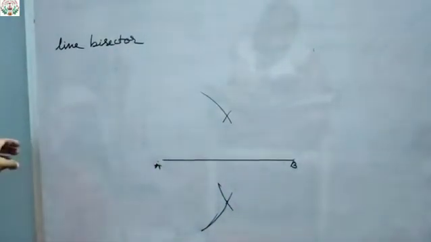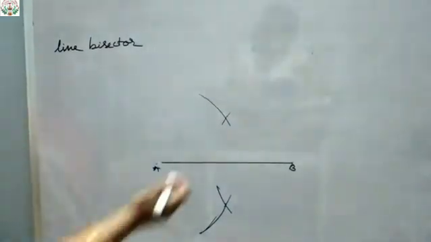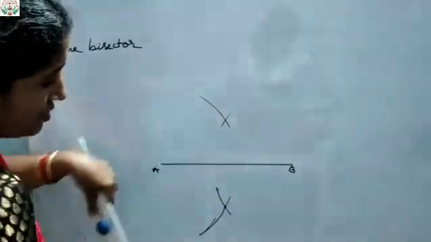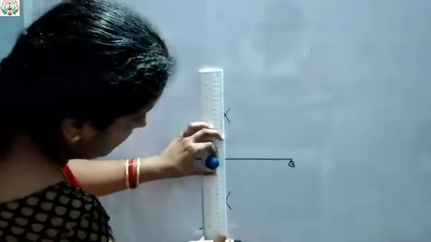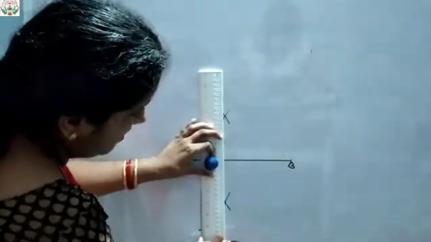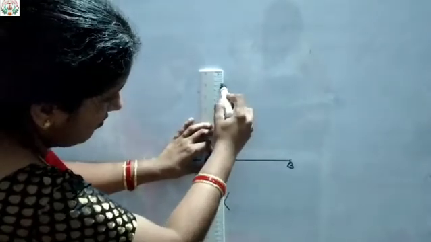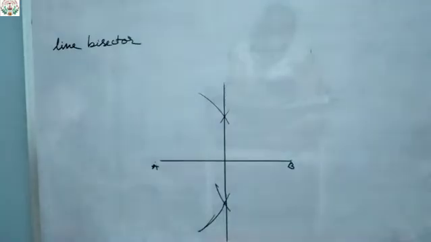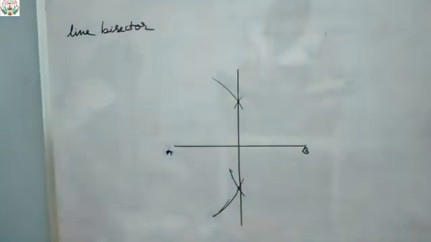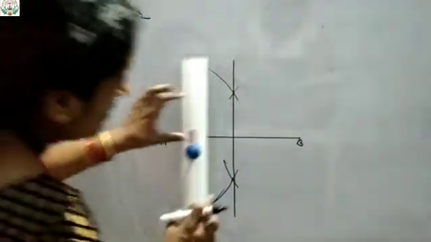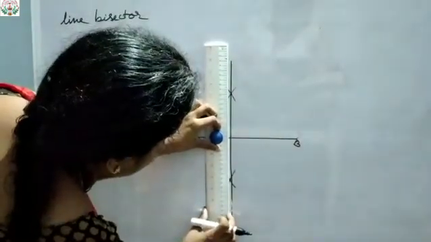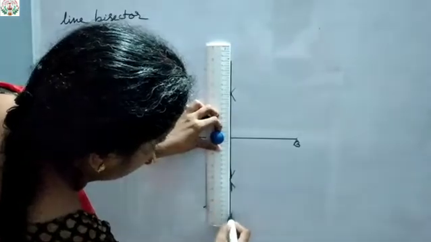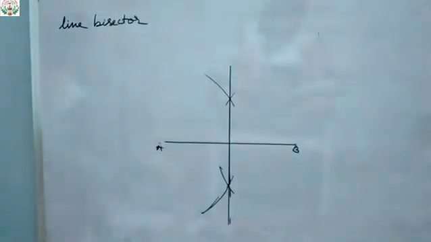Wherever the arcs intersect, join this point and this point with the scale. You will get a straight line.